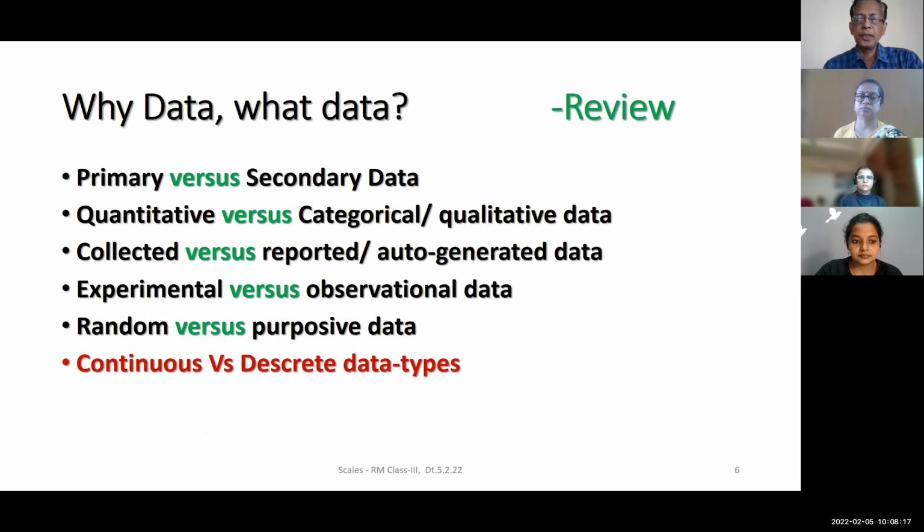And we could also have some observation data, or we do experimentation, and the result will be our data. I think random data, purposive data, we have discussed with some examples. Does anybody by chance remember what example we gave about purposive data? Any input from your side, please?